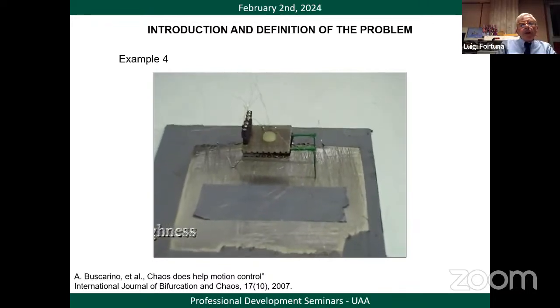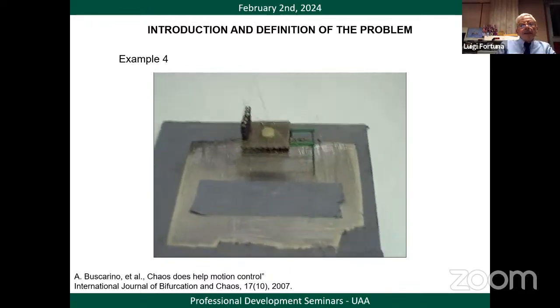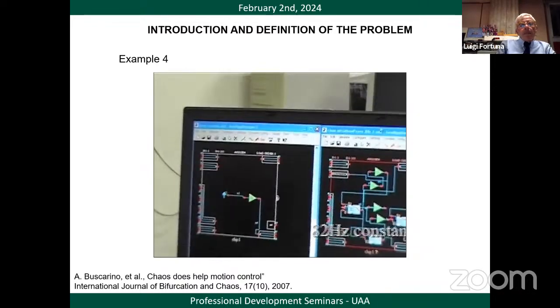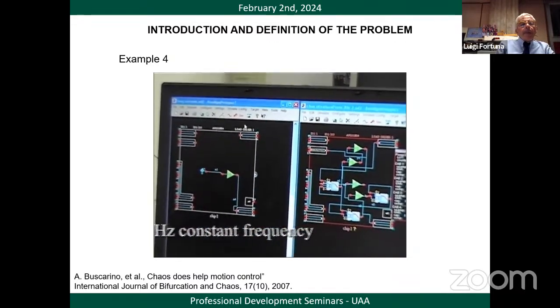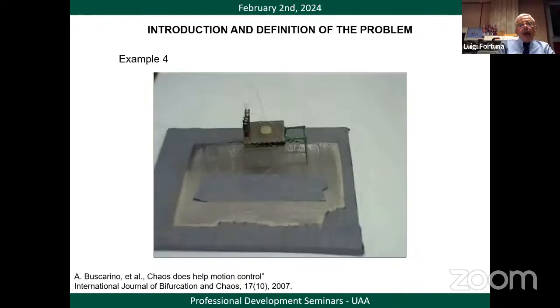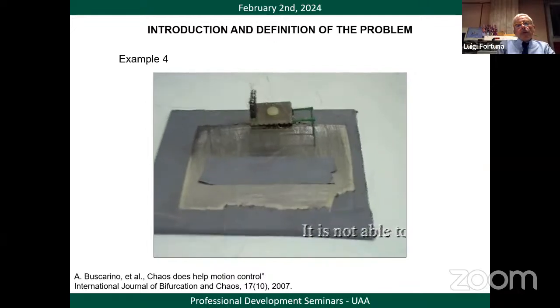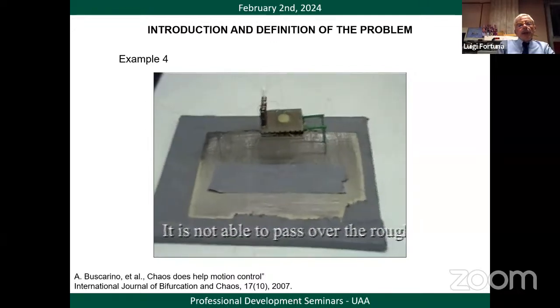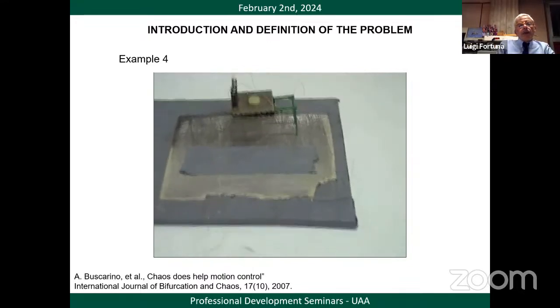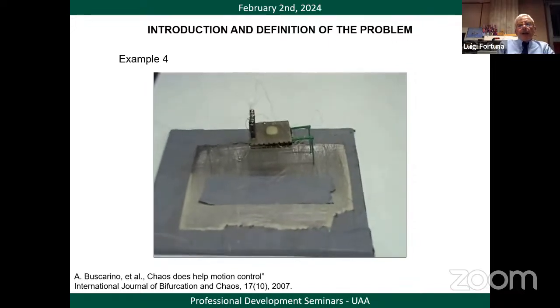We proved that by moving the legs of these small robots with imperfect, not constant frequencies, driving the legs with chaotic circuits, the speed of the robots is increased with respect to the traditional approach, where they are driven by a sinusoidal signal.